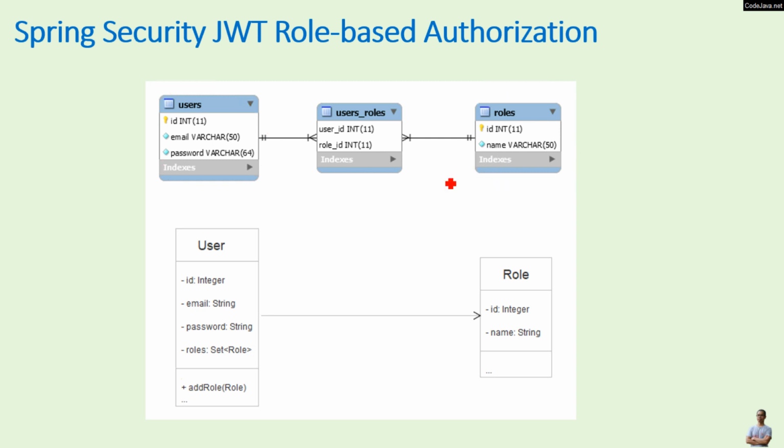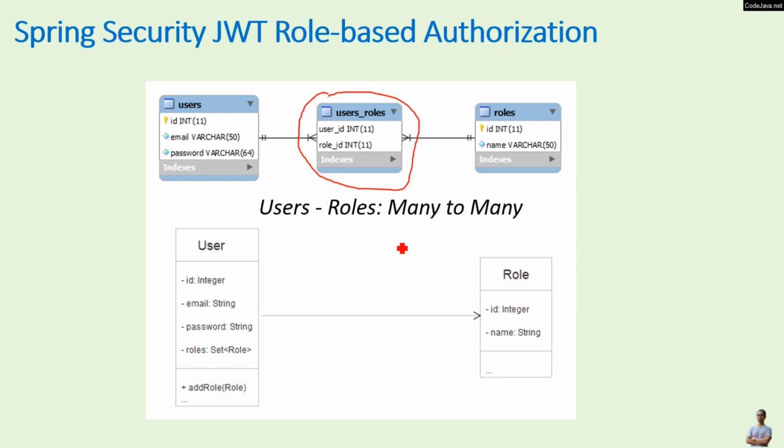And note that the entity relationship between users and roles is many-to-many, meaning that a user can be assigned one or more roles, and a role can be assigned to one or more users. And this is an intermediate table that realizes the many-to-many entity relationship between users and roles. So for Java code, we need to create a new entity class Role and update the User entity class.